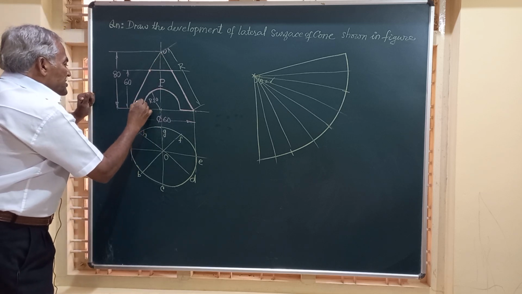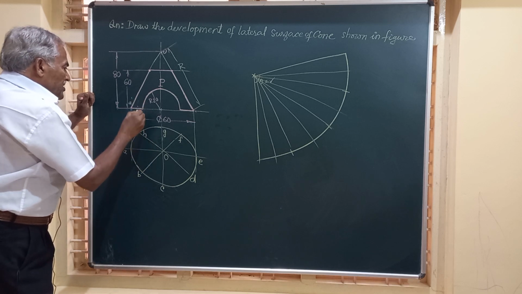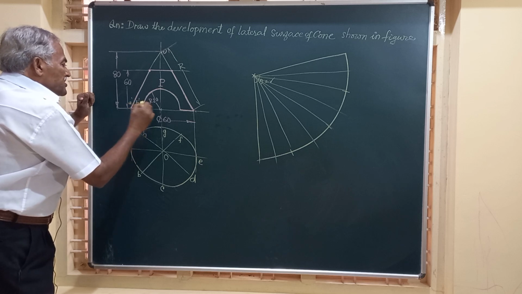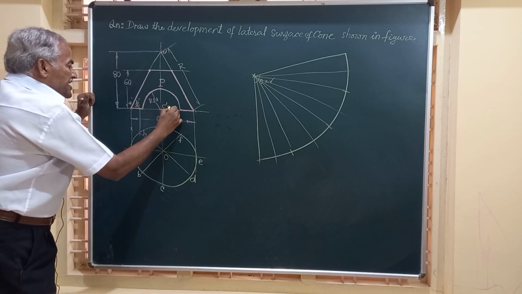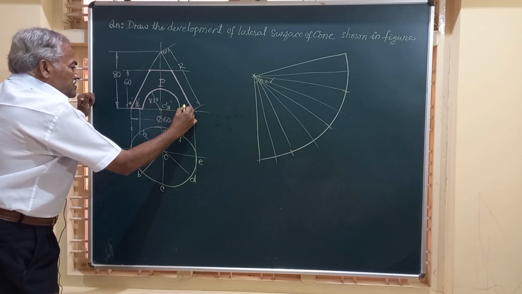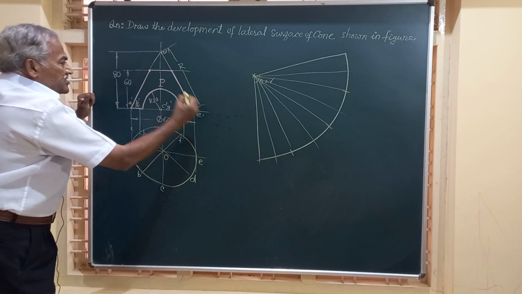That is A dash. This is B and H will come together somewhere here, so we'll call it B dash, H dash. This is C dash, G dash. And this point is D dash, F dash. Last point is E dash.